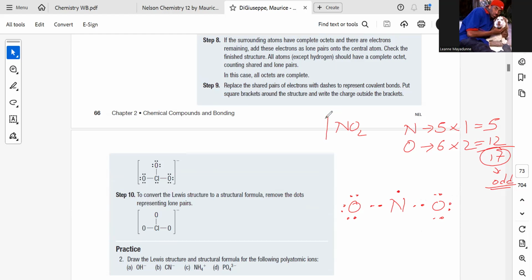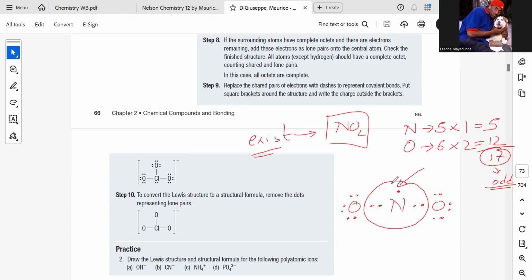So NO2 is a molecule that exists in nature. And if you notice, it has an incomplete octet, and also it has an odd number of electrons. Does that make sense? It has like five electrons on it.